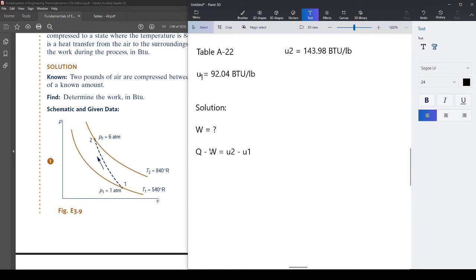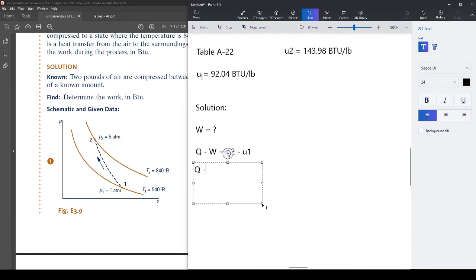So this equation is known for us. But really quickly, there's a little bit of a snag with something else. It says determine the work in BTUs, which is a total energy unit. It is not energy per mass. So far, our energy units are in energy per mass, so they have to be changed. So that means there's something else I have to add here.